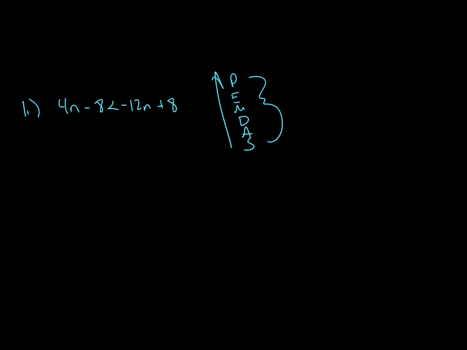Alright, so number 1, we have 4n minus 8 is less than negative 12n plus 8. Now we're going to use PEMDAS backwards. Now remember, PEMDAS backwards for one variable. So the first thing I'm going to do is move the 12n's over.